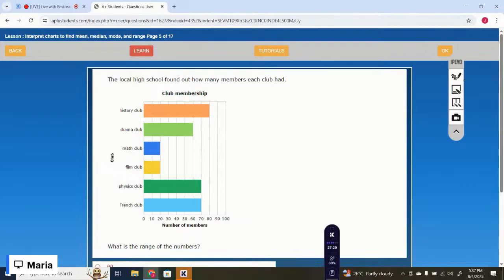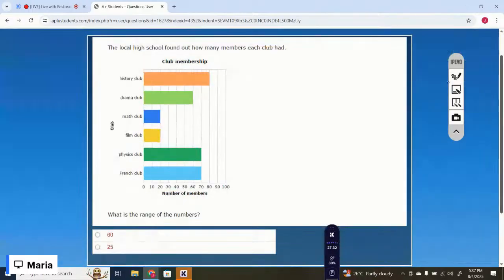The local high school found out how many members each club had. What is the range of the numbers? So range is the difference between the greatest and the smallest value. The greatest value is 80, the smallest value is 20.